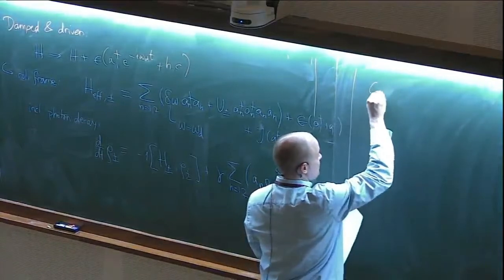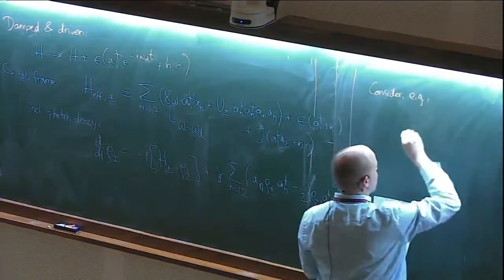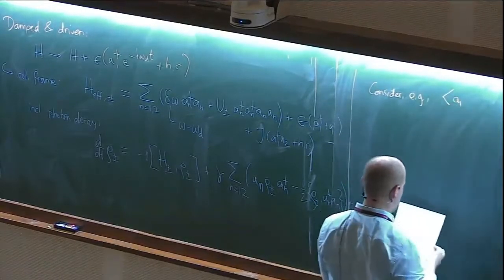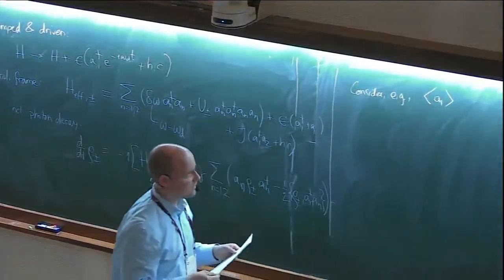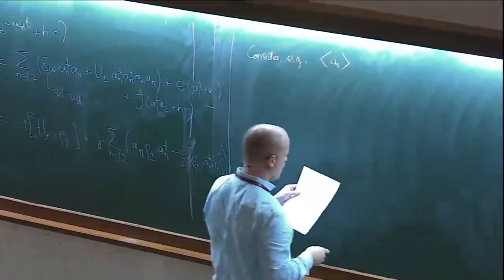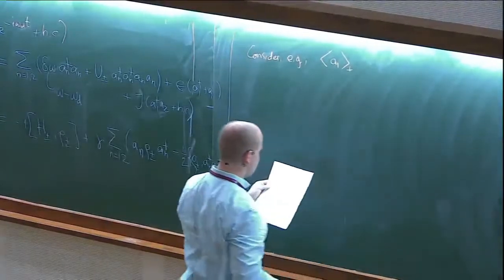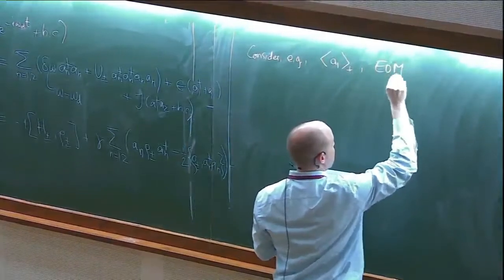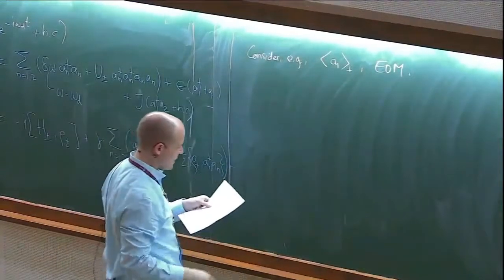So consider, for example, the expectation value of A1. So in an experiment with a resonator that could correspond to measuring the voltage, and I'll do that for the positive U case.